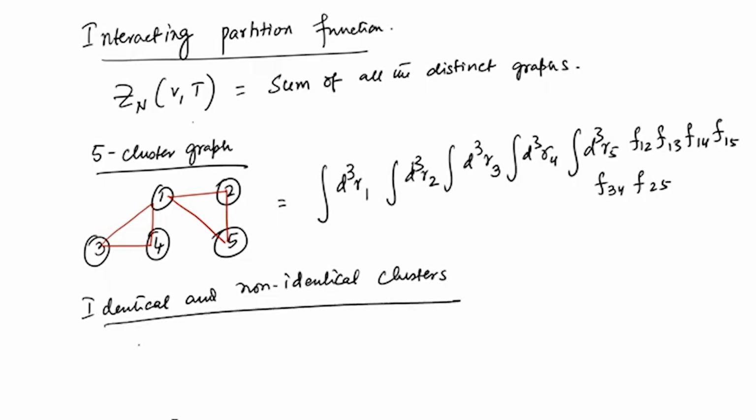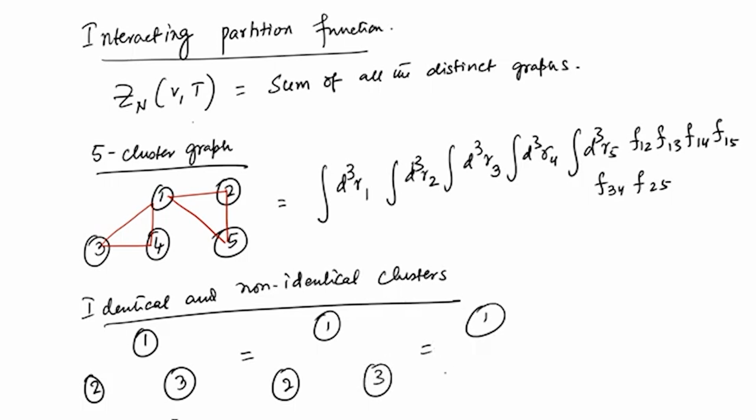So, in doing so, we can show that there is, for example, 1, 2 and 3, and we will write these things and then put the connections. Wait till I put the connections.